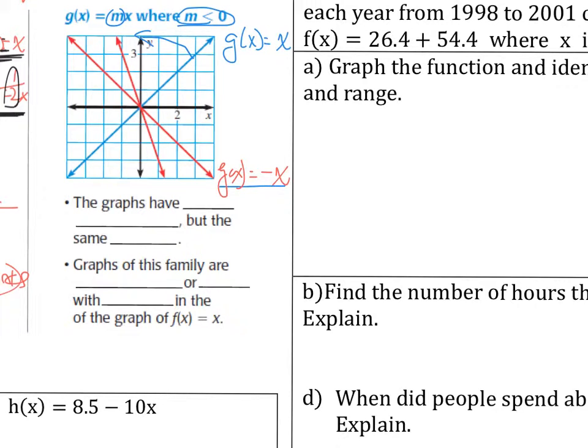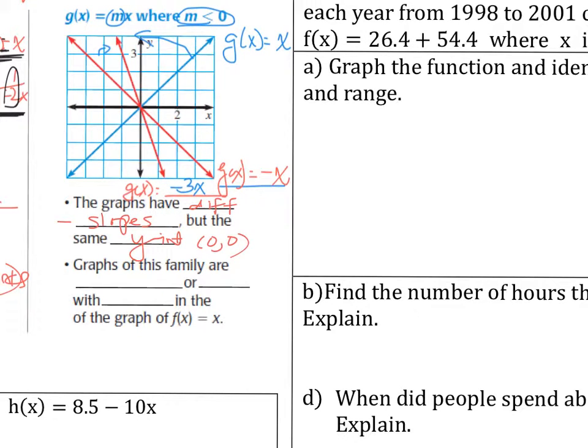And if it shrinks, then the graph will be negative 3x. So the graphs have different negative slopes, but the same y-intercept, in this case 0, 0.